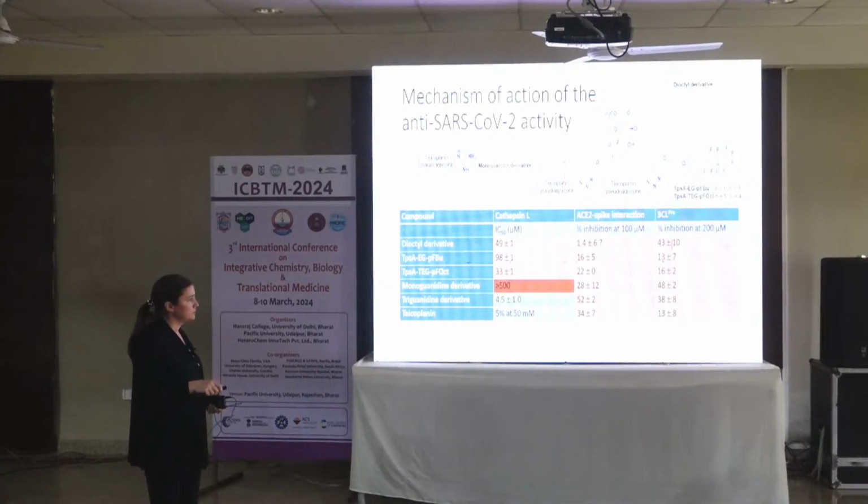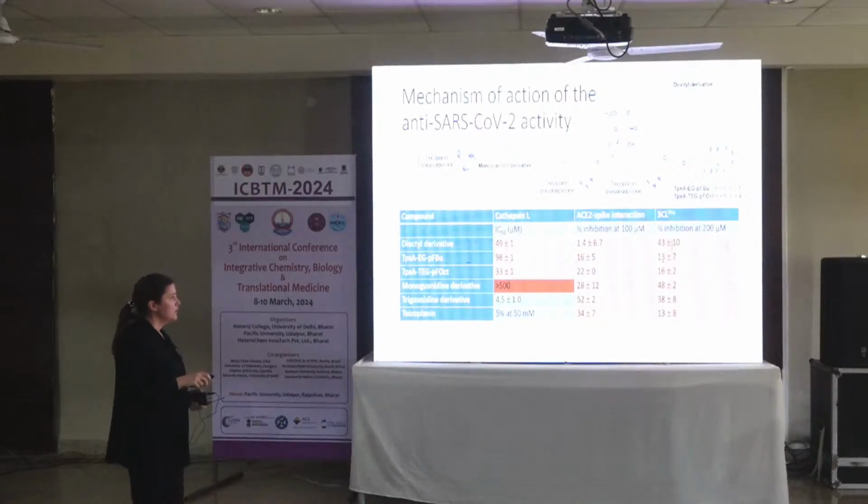There was just very weak inhibition against the 3CL-pro enzyme, the viral 3CL-pro enzyme, and these derivatives just weakly inhibit the ACE2 spike interaction.